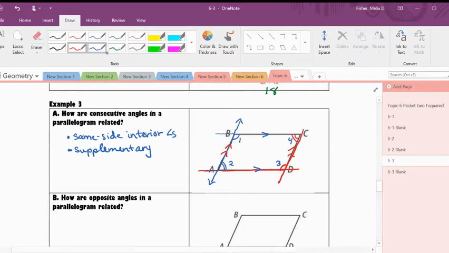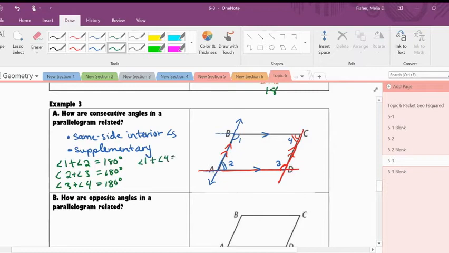So let's say that angle 1 plus angle 2 equals 180 degrees. Angle 2 plus angle 3 also equals 180 degrees. Angle 3 plus angle 4 equals 180 degrees. And angles 1 plus 4 will also equal 180 degrees.